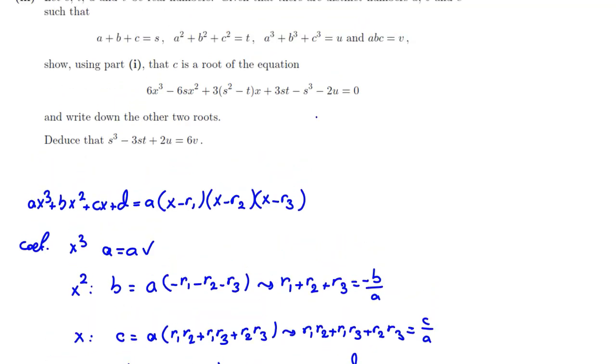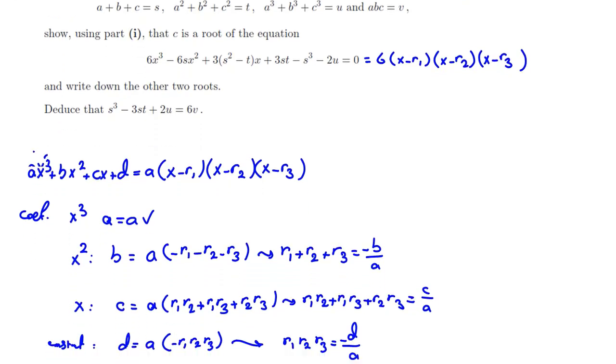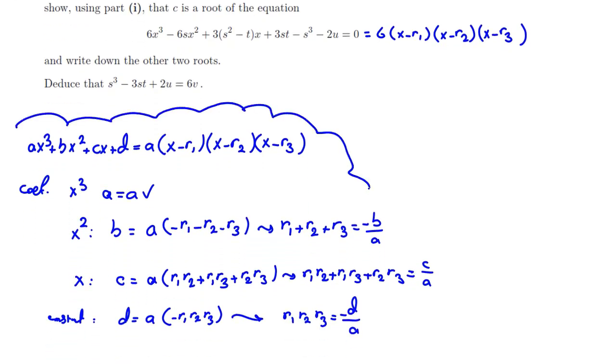Now, if we use this formula here, suppose our roots are r1, r2, r3, so the polynomial is 6 times (x minus r1)(x minus r2)(x minus r3). A, B, C in the problem are different.